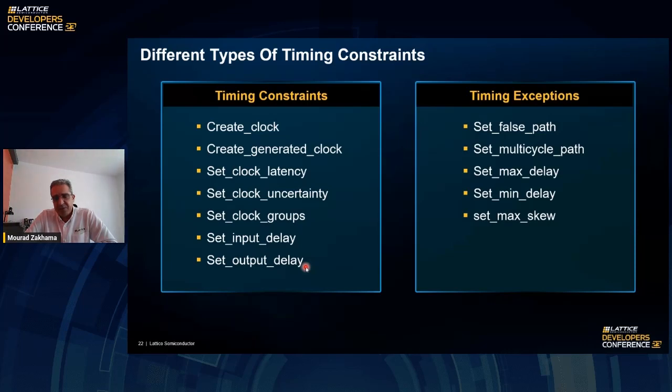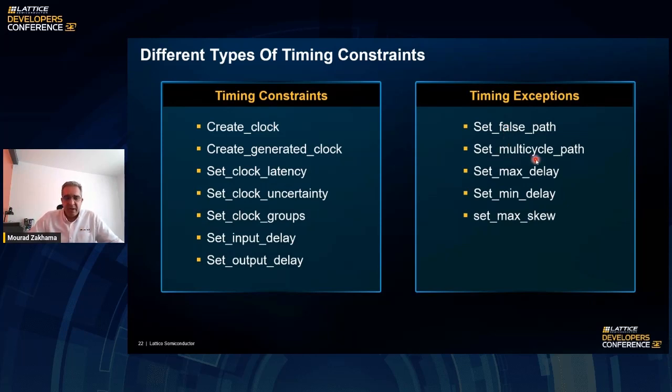These exceptions require an understanding of the design and making sure that we give more information to the STA tool, the synthesis tool, and the place and route tool about the relationship or non-relationship of the different clocks in your design. Set false path will indicate that a specific path should not be analyzed by the tool.